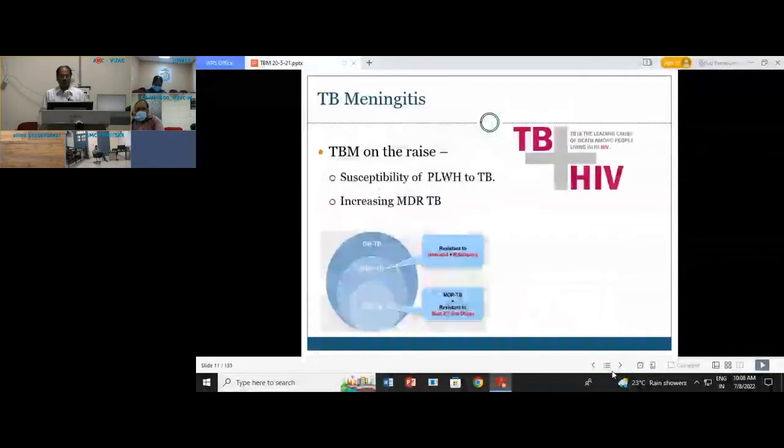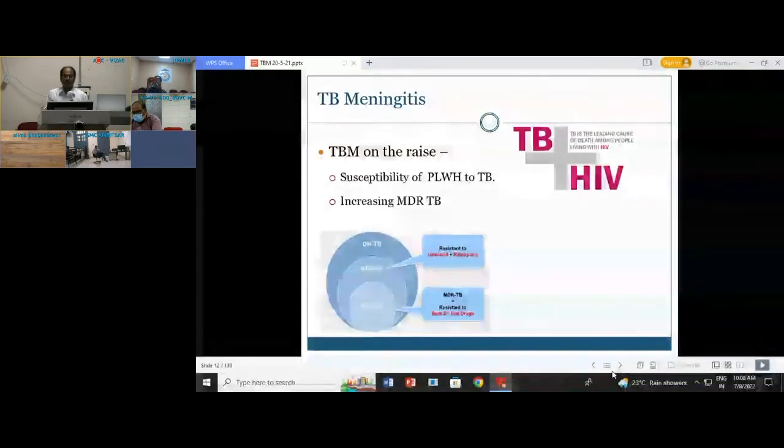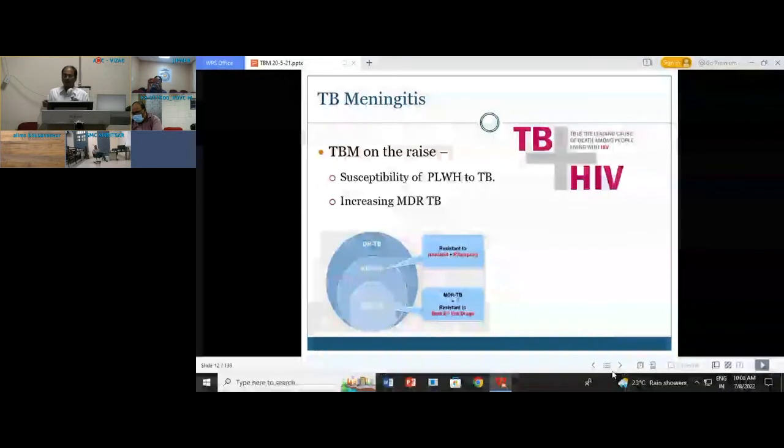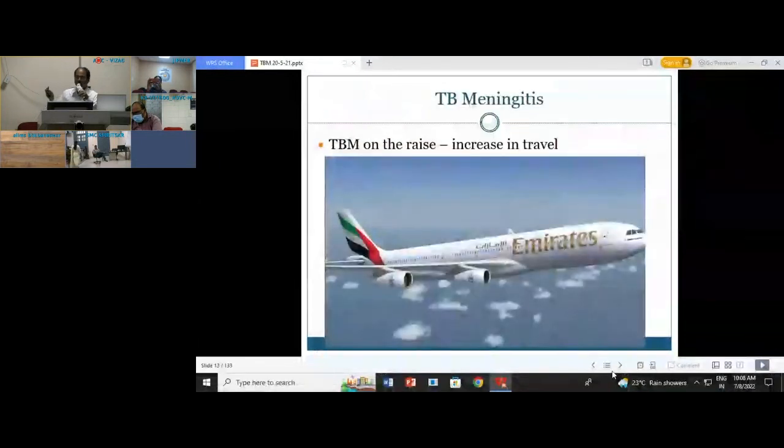Coming to TB meningitis, it has been on the rise for the last few decades, due to the susceptibility of people living with HIV to tuberculosis and increasing travel. Nowadays everybody travels: morning breakfast in Vishakhapatnam, lunch in Mumbai and dinner in Dubai.